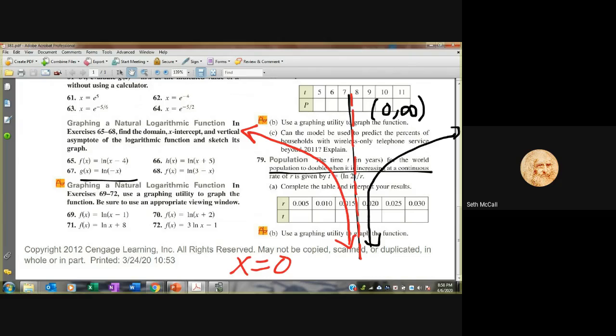Now, when you flip it over and turn it into the red function, the domain reverses and it becomes negative infinity up to 0. And you can see the red function never hits the y-axis. So that's why it's at 0.